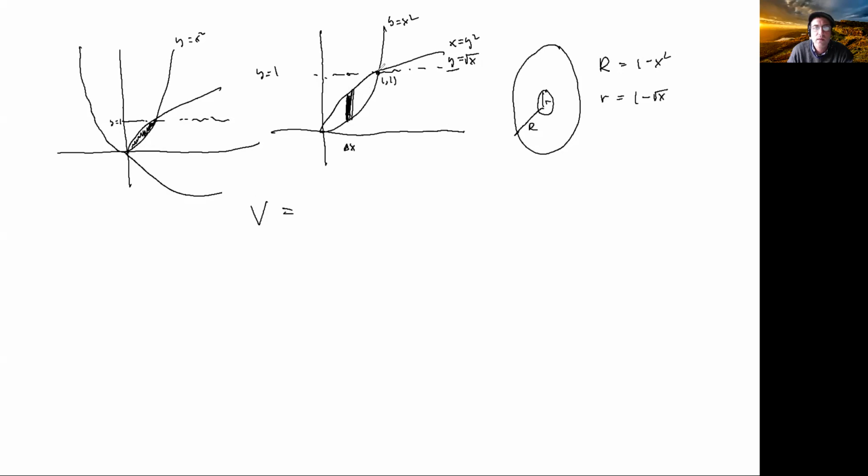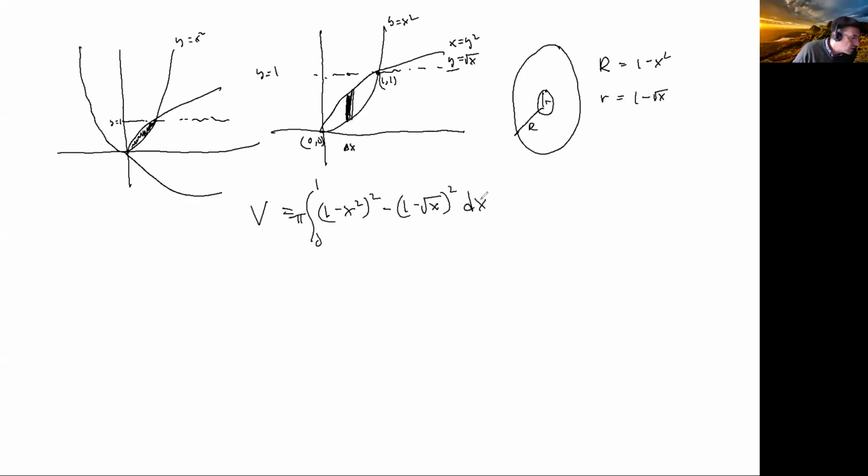At 1, 1, and also at 0, 0. So we're going to be integrating x from 0 to 1. Then we put a pi, I'll put the pi through the integrand, and it's big R squared minus little r squared. So (1 minus x squared) squared minus (1 minus the square root of x) squared dx.